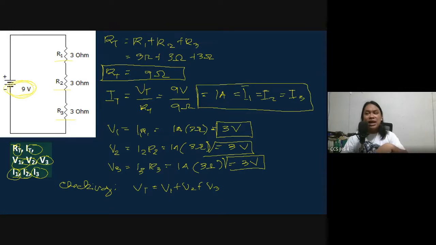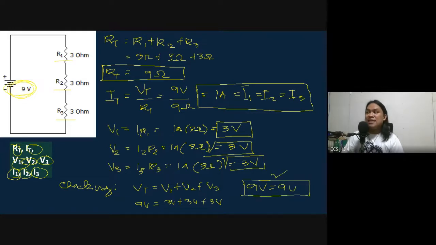But I will just use V sub 1 plus V sub 2 plus V sub 3 because it has not been used yet in our solution. So let's substitute. This is 9 volts is equal to 3 volts plus 3 volts plus 3 volts. Okay, 9 volts is equal to 9 volts. So our answer is correct. As easy as that.